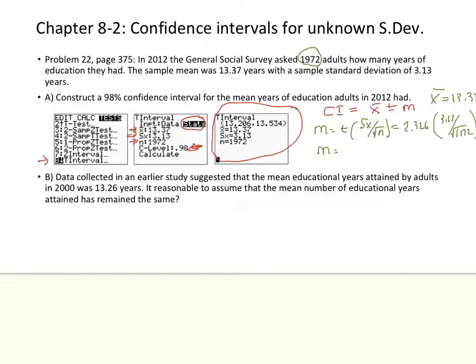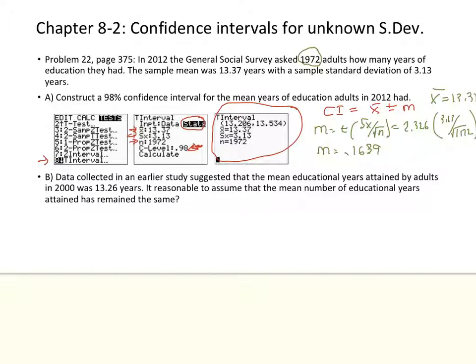In this particular case, we do 2.326 times 3.13 divided by the square root of 1972. And we get this to be about 0.1639.